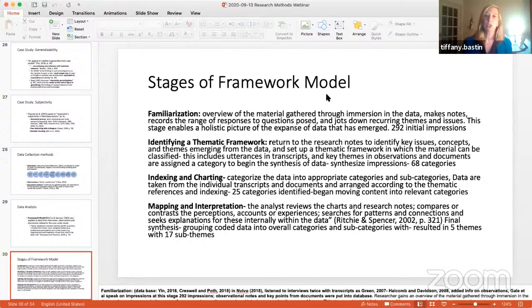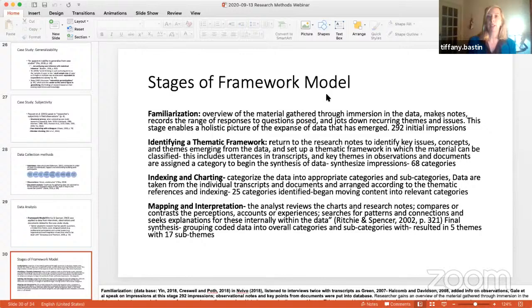And as I was doing the familiarization stage, I came up with 292 initial impressions. So impressions are just what were some key ideas, things that stuck out to me as I was going through that.